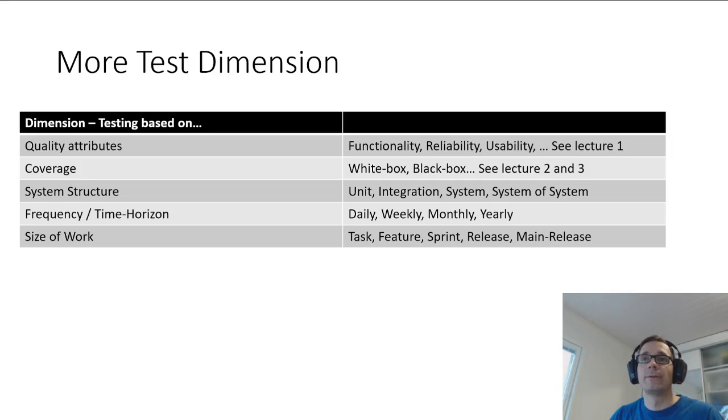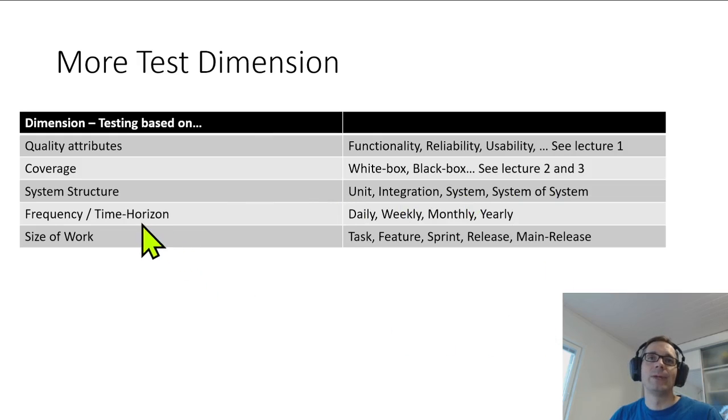So currently there are 5 dimensions here, and as you can see, it is becoming very difficult to draw a figure like this with 5 dimensions. We humans cannot really understand it, so I'm just going in for the table. So the dimensions for testing: we could have the quality attributes, we can have the coverage-based approach, white box, black box, the system structure, unit, integration, system of systems.